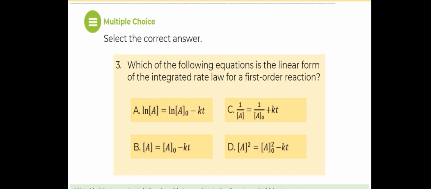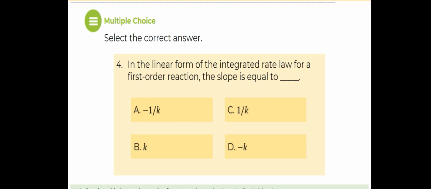Which of the following equations is the linear form of the integrated rate law for a first order reaction? Select the correct answer. Question number 4. In the linear form of the integrated rate law for a first order reaction, the slope is equal to blank. Select the correct answer.